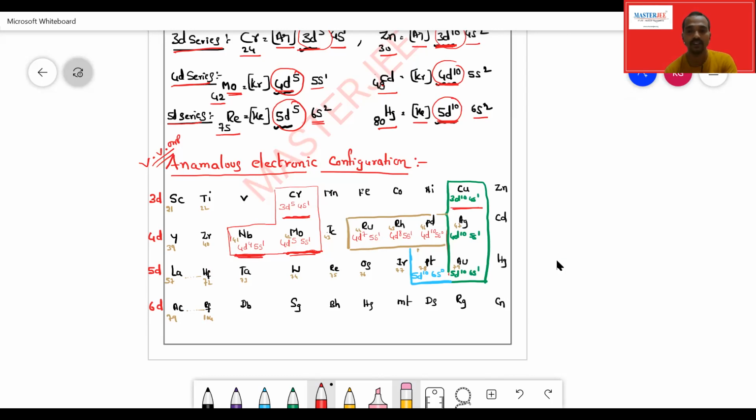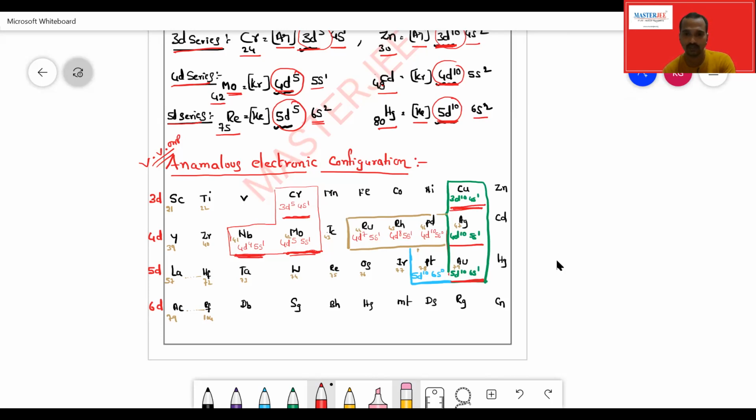An easy way to remember: copper, silver, gold. Copper is 3d10 4s1, silver is 4d10 5s1, and gold is 5d10 6s1, with atomic numbers 29, 47, and 79.